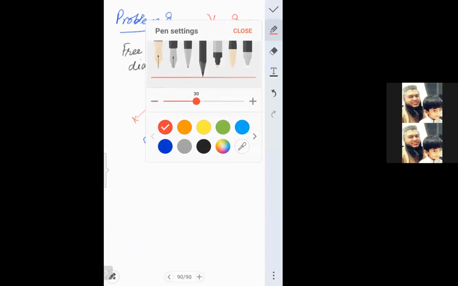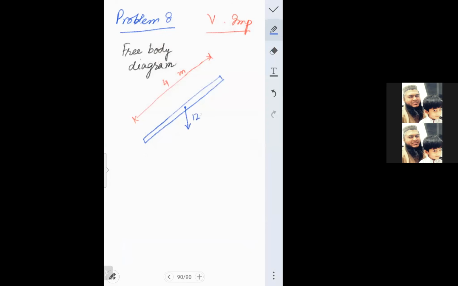And since the center of gravity of a ladder is at the center, the center of gravity is located at 2 meters from either end, and the weight is acting vertically downwards.